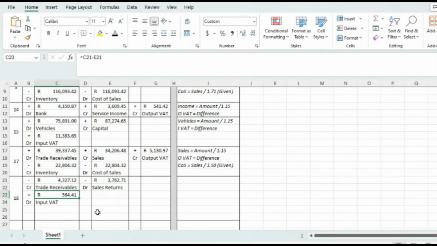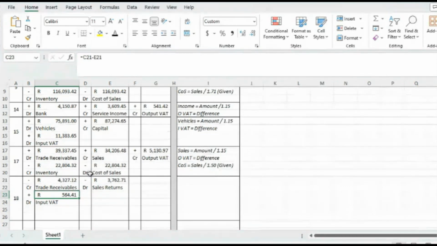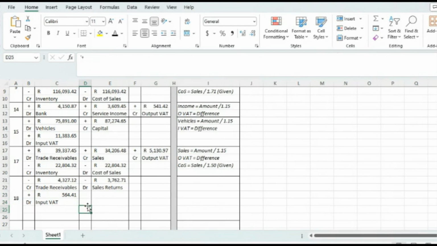Okay, so that's what's happening on the one side. But now, when we previously made the sale, our cost of sales decreased, but now our cost of sales will indeed increase because we have to write it back. So therefore, it is going to be credited, and we have the sale return. It is given, so we can simply take that amount.